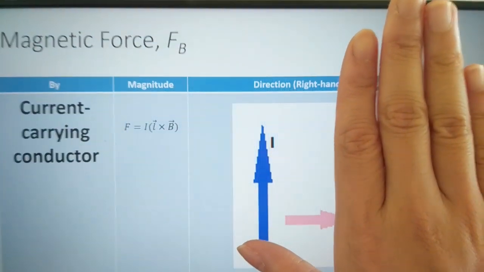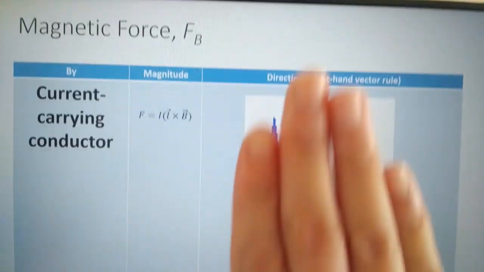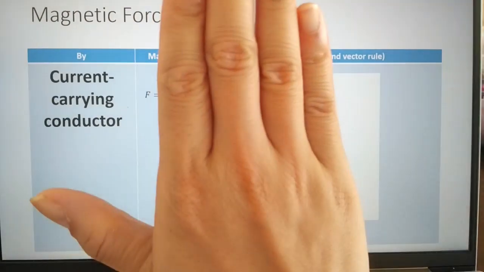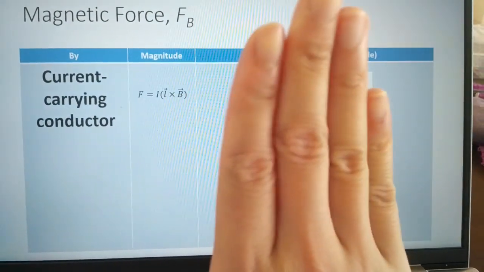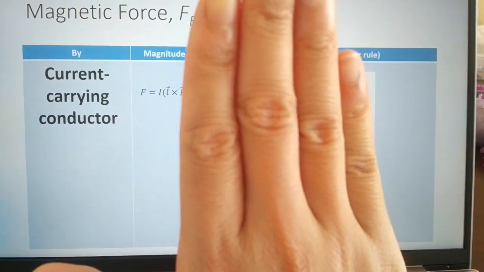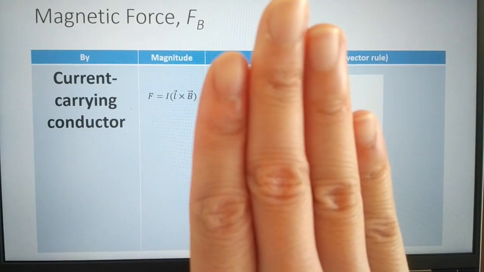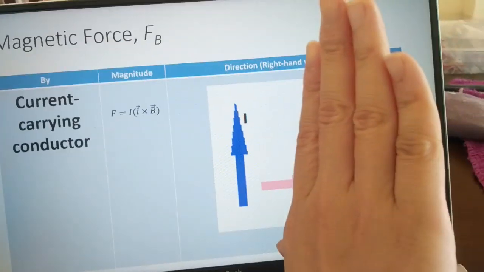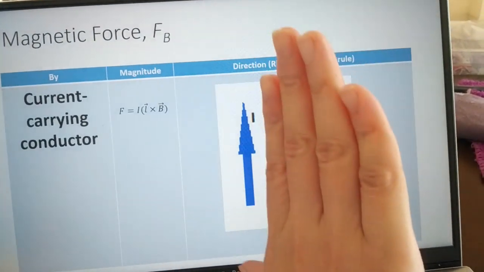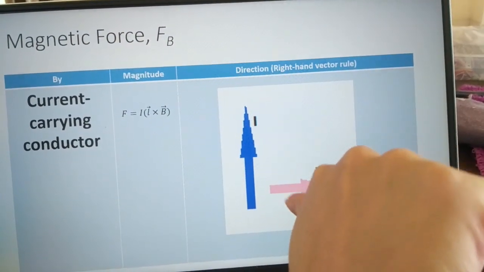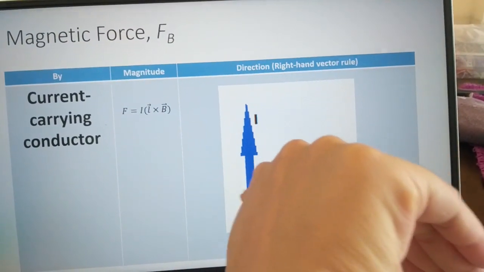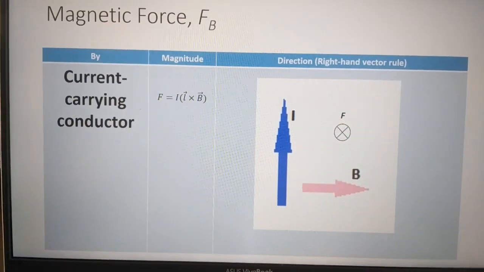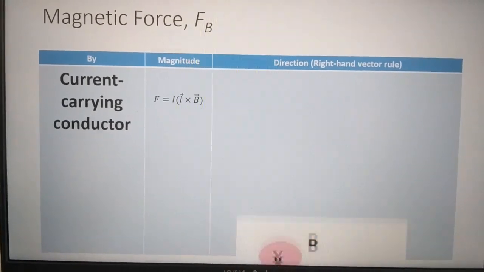I have to turn my finger to the right so that I can cross B. I cross B, my force is into the page. Okay, next.